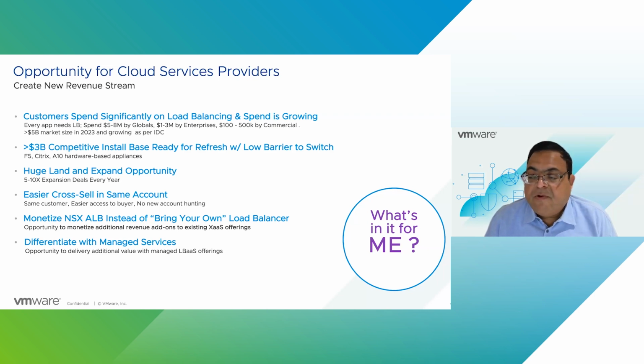Third thing is my most favorite one for CSP partners. It is a huge land and expand opportunity. A customer typically starts with one application or a few applications or a subset of applications. They realize the value and they expand into multiple applications across multiple groups across the whole organization.